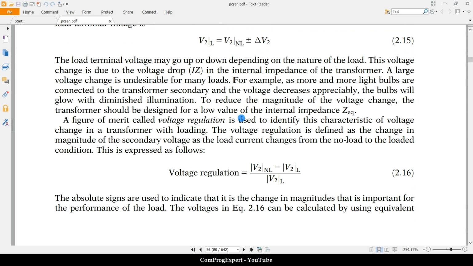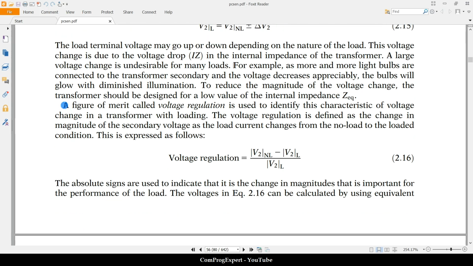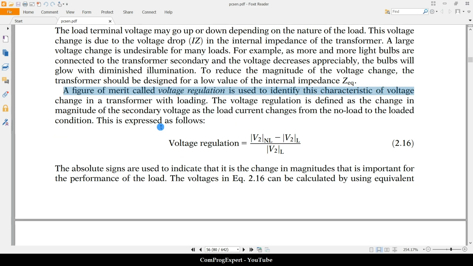So how do we define a parameter to measure the variation in the amplitude of the secondary voltage? A figure of merit called voltage regulation is used to identify this characteristic of the voltage change in the transformer with loading.